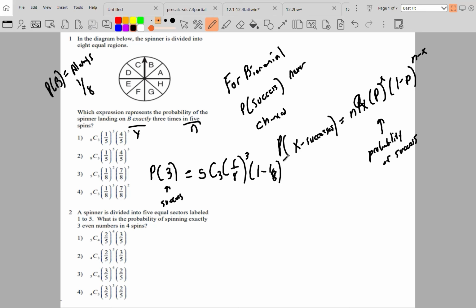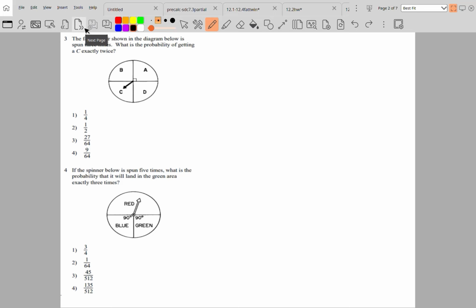And our exponent here would be 5 minus 3. So we're looking for 1/8 and 7/8 and a 3 and a 2, because 5 minus 3 is 2. They're not too hard. I'll look at 4.